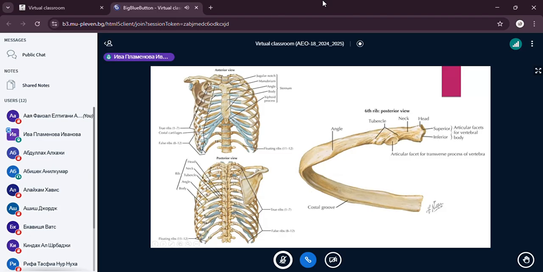And you can see that it is connected only with the first thoracic vertebra. And that's the second rib, which is connected to the first thoracic and the second thoracic vertebra. And the third rib with the second and the third, the fourth rib with the third and fourth, the fifth rib between 4 and 5, and etc.